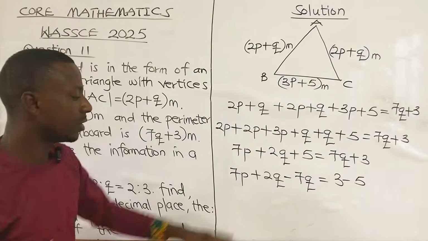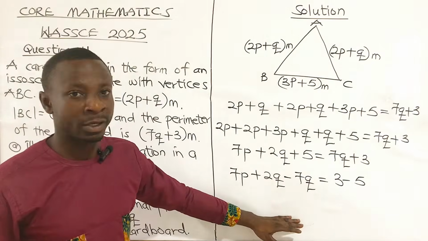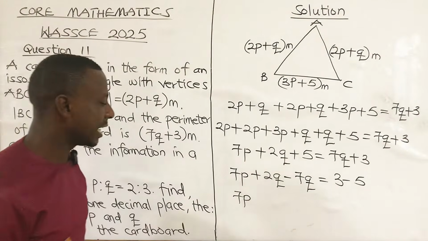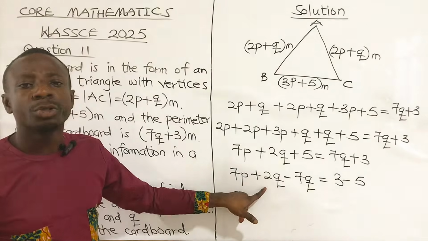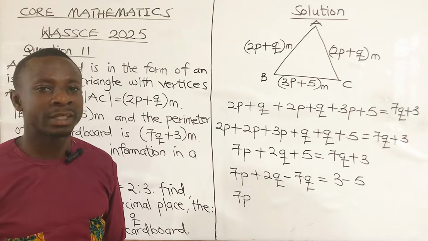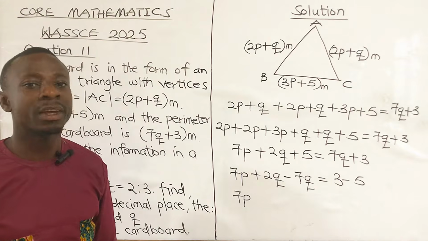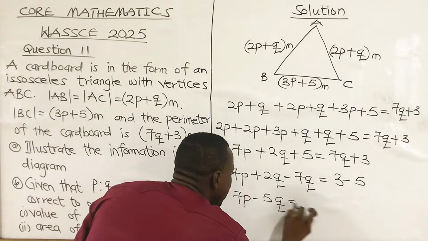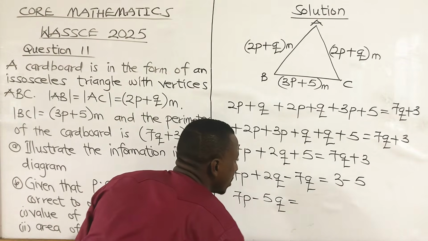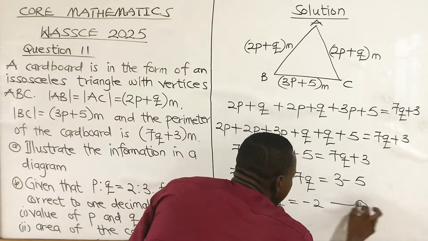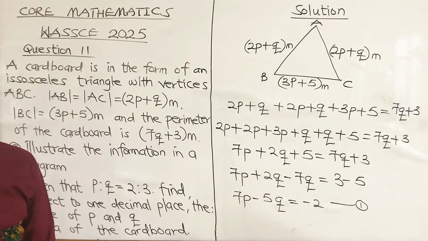Now we evaluate: I have 7p, and 2q minus 7q gives negative 5q, which is equal to 3 minus 5, which is negative 2. This is equation 1.